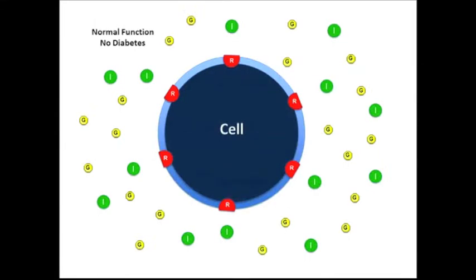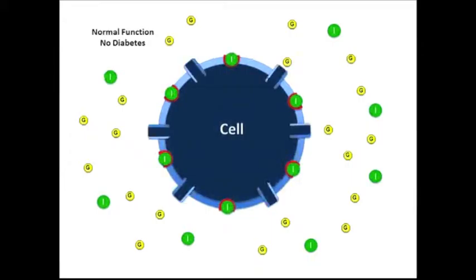This is what goes on with normal functioning in a non-diabetic. So here's glucose floating around outside all the cells. The insulin hooks up with a receptor, and it's doing that so that it can get the glucose to come into the cell through these receptor doors. There it goes.